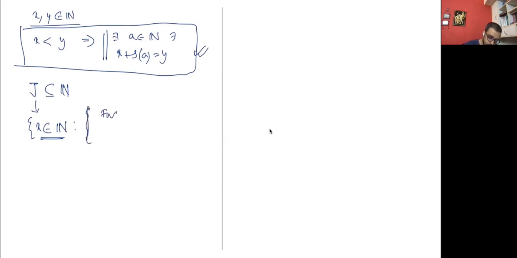So here is the condition: for every y in N, x less than y implies there is a, so this is the exact same statement.